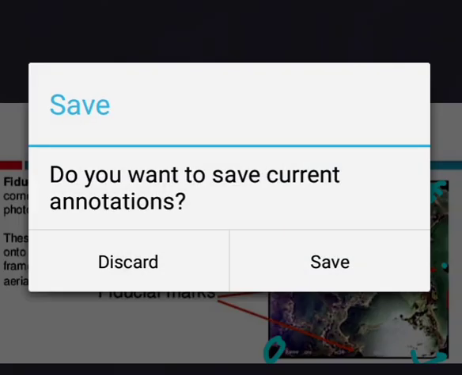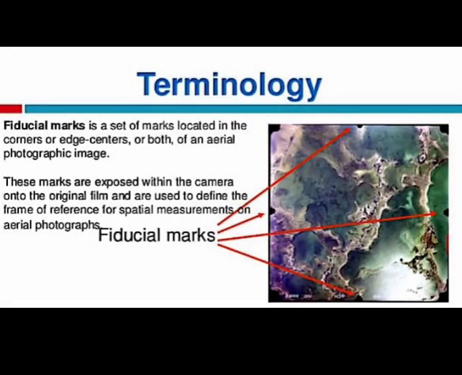What I have written here is that these marks are exposed within the camera onto the original films and are used to define the frame of reference for spatial measurement on aerial photographs.